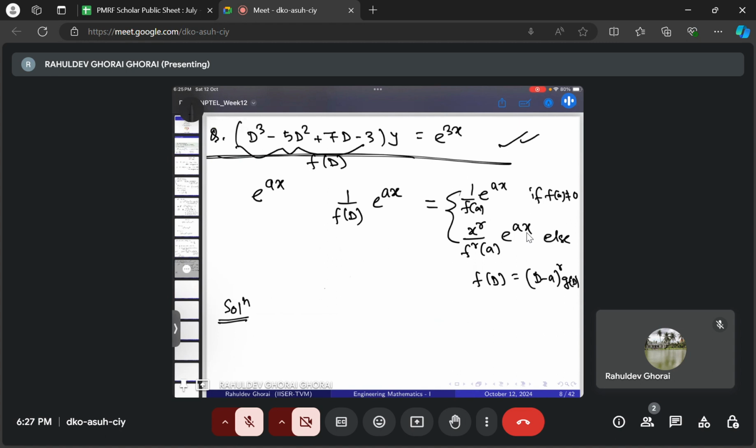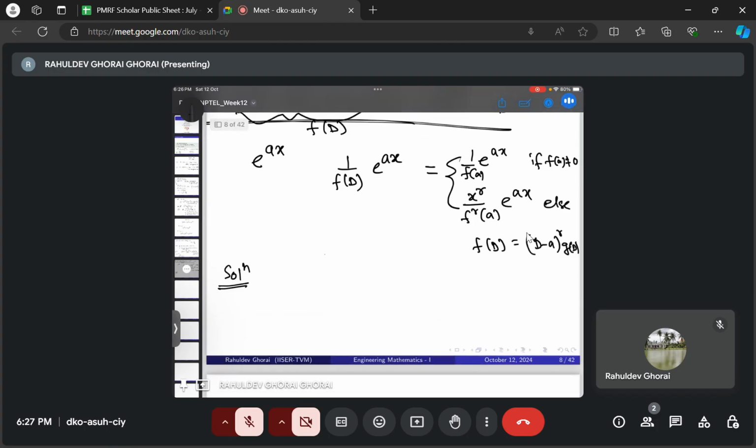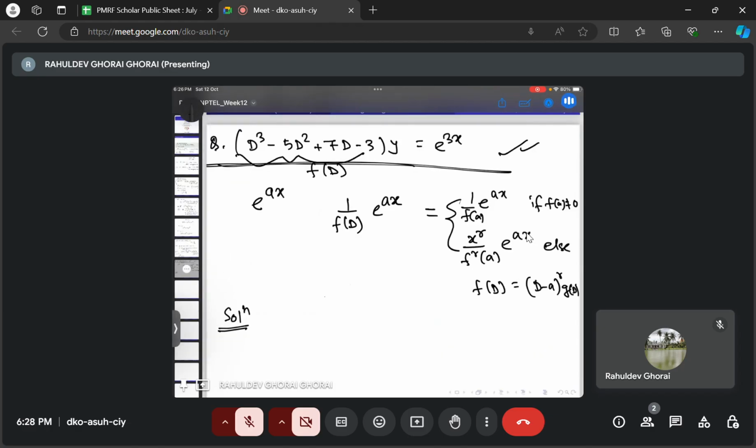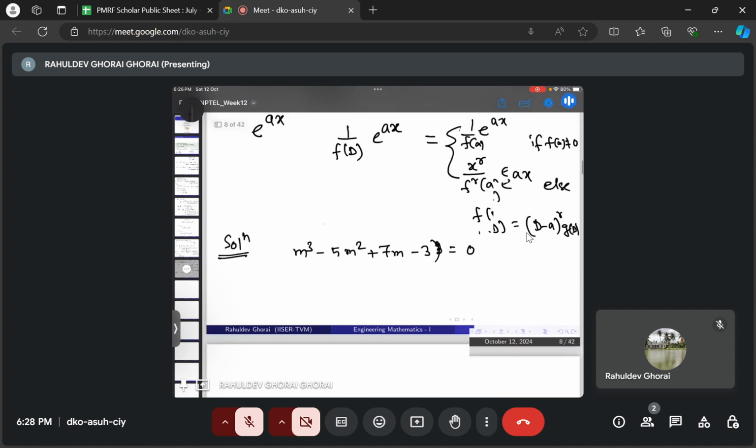First of all, you have to find the complementary solution, or the solution for the homogeneous equation. For that we find the auxiliary equation, m cubed minus 5m squared plus 7m minus 3 equals 0.